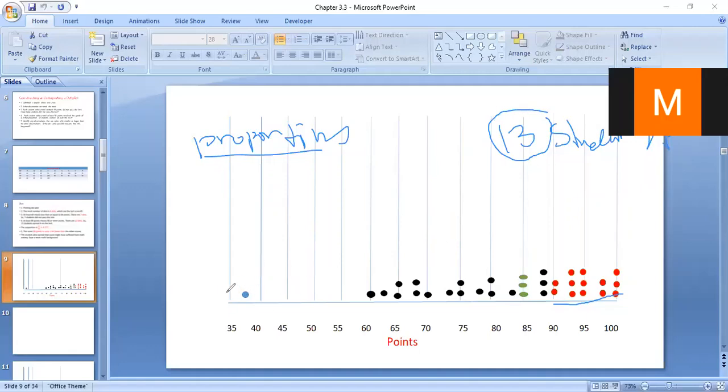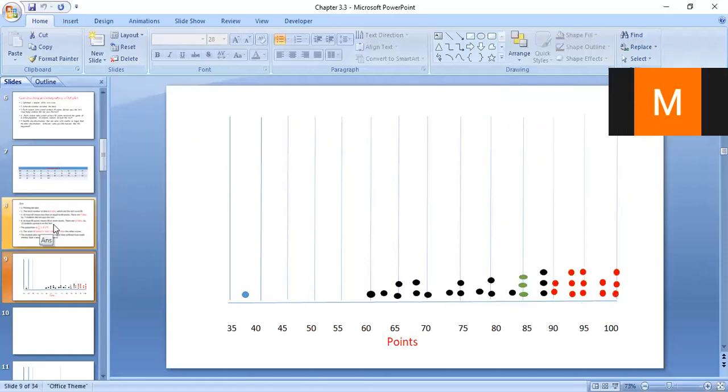How many students do we have in total? 1, 2, 3, 4, 5, 6, 7, 8, 9, 10, 11, 12, 13, 14, 15, 16, 17, 18, 19, 20, 21, 22, 23, 24, 25, 26, 27, 28, 29, 30, 31, 32, 33, 34, 35. You have 35 students in total. And then you divide, and you will get the proportion.